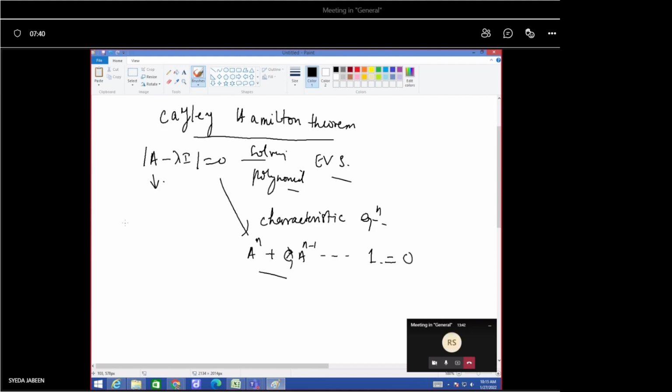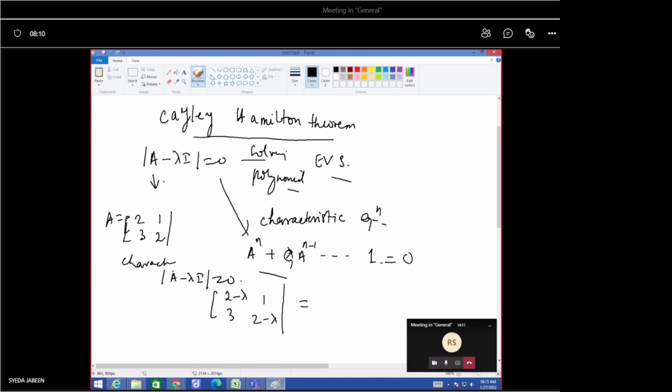Okay, let us take one example. You have a matrix 2 and 1, 3 and 2. Now, what is the characteristic equation of this? It is the determinant of A minus lambda I equal to 0. So when you do it, you will get 2 minus lambda, 1, 3, 2 minus lambda.